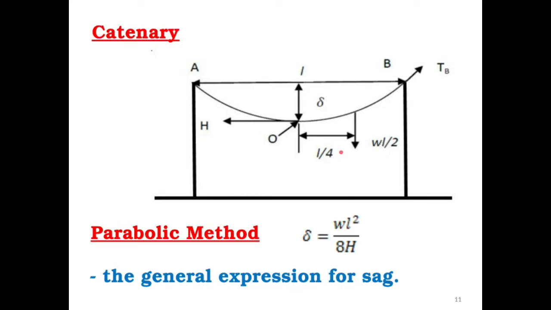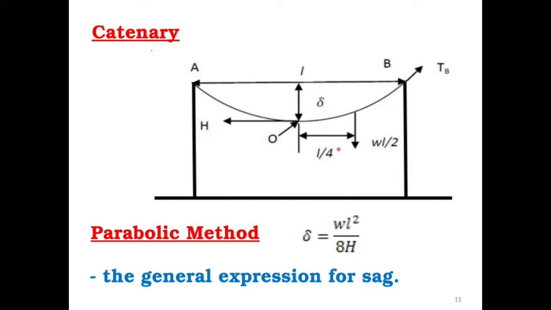So when a conductor with uniform weight distribution is suspended freely in between two supports, as for example A and B as shown on the diagram, the conductor is going to take a shape like a parabola, and that is why this method is called the parabolic method.